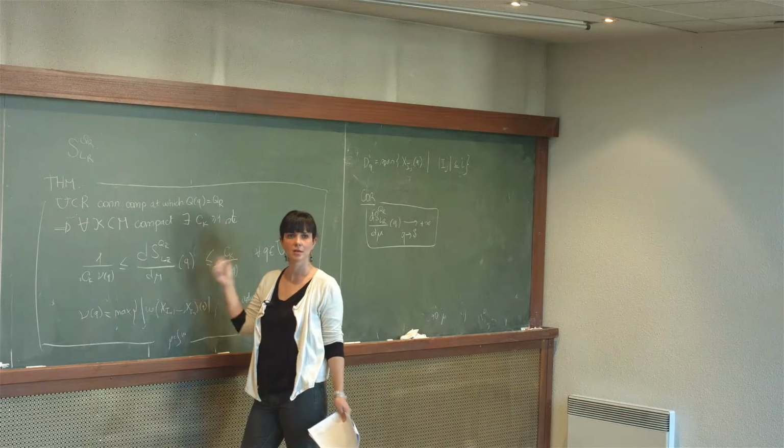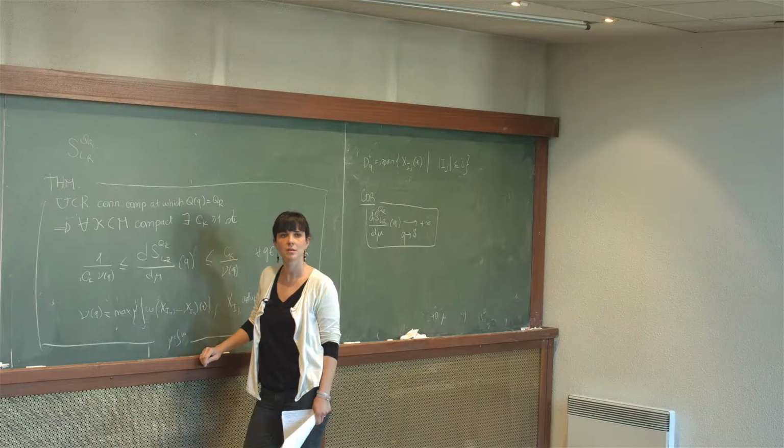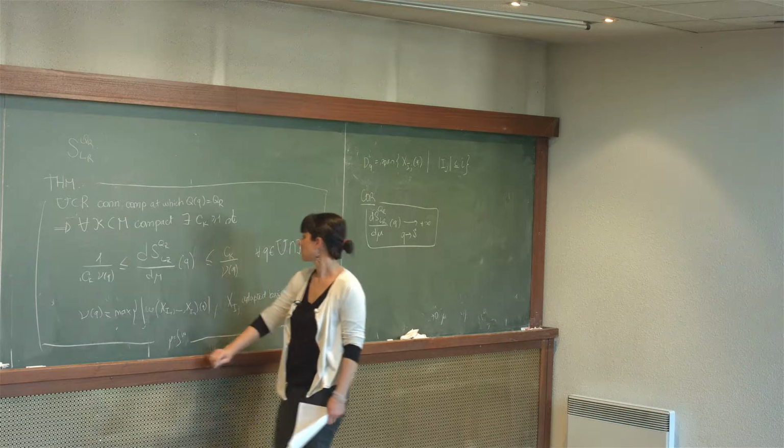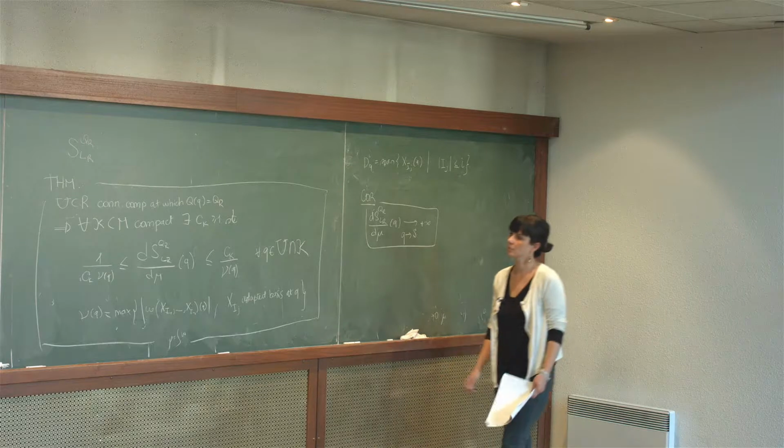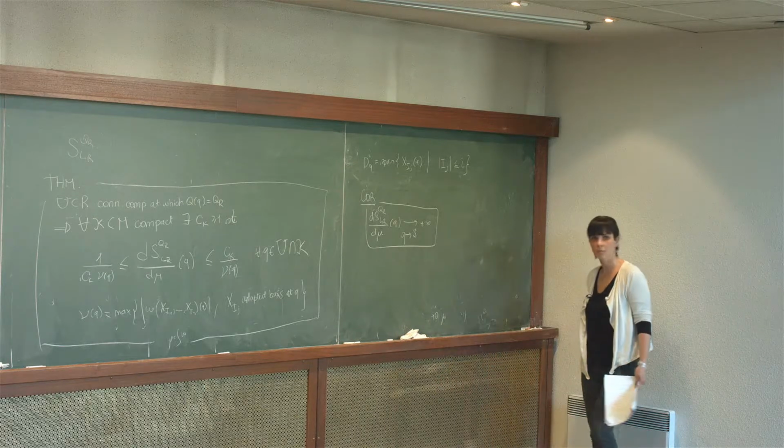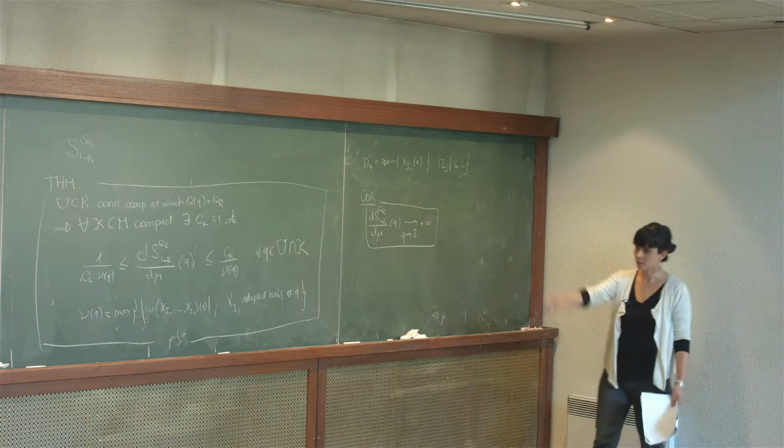You need to assume that. No, it's just on the regular set. So when we work on the regular set, we make no assumption on the singular set. It's just the absolute continuity first.